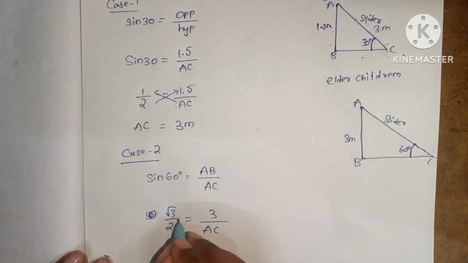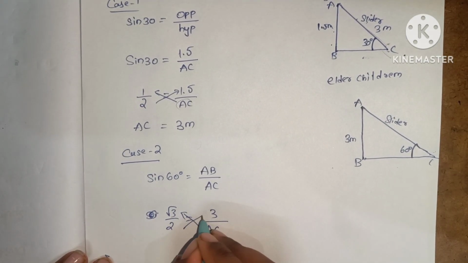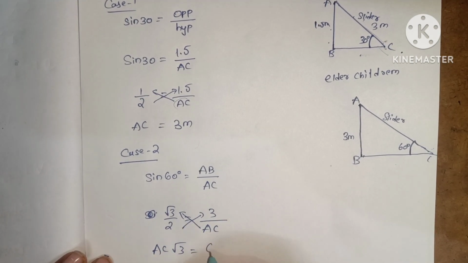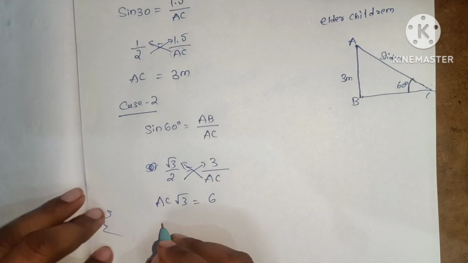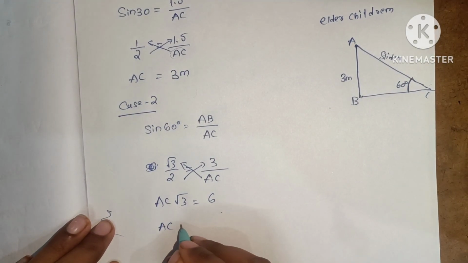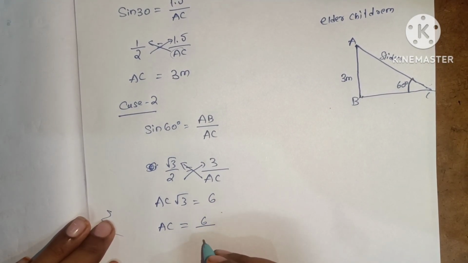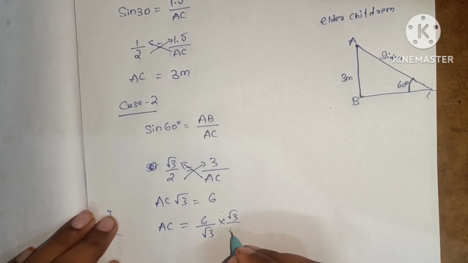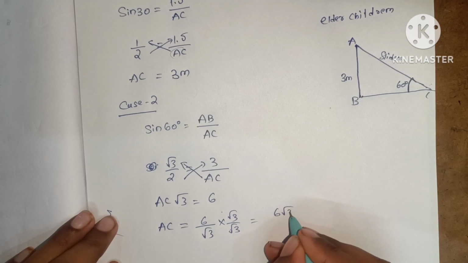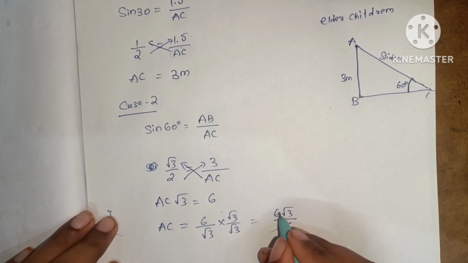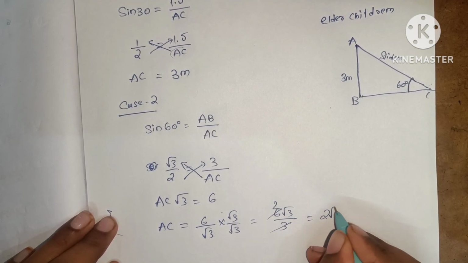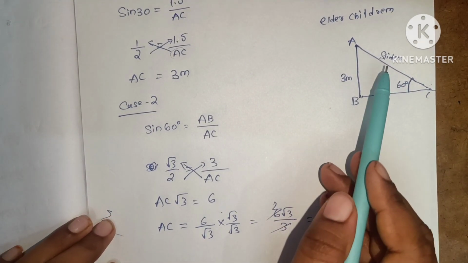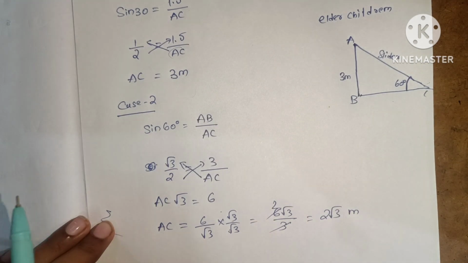Cross multiplication: AC root 3 equals 2 into 3, 6. So AC equals 6 by root 3. Rationalize: 6 root 3 by 3. 3 2s are 6, that means 2 root 3 meters. So this slider length is 2 root 3 meters.